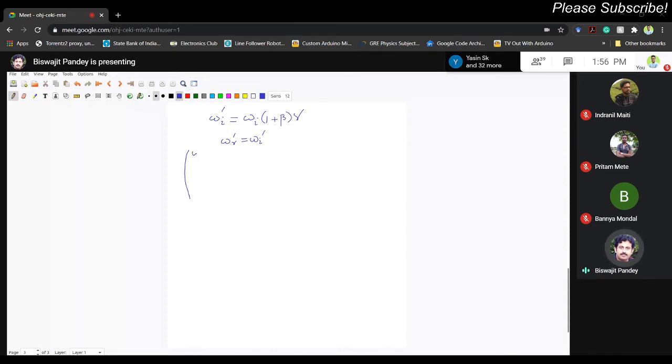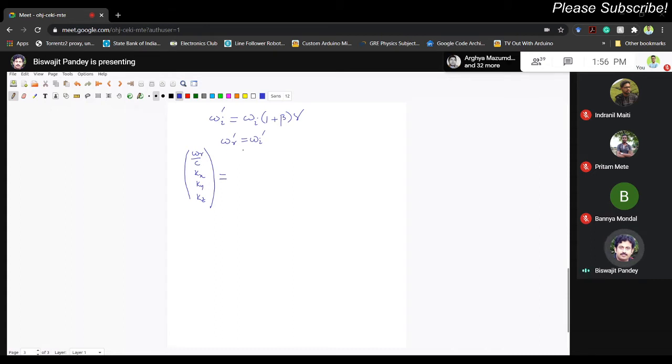So if I write omega r by c, that is the time component, and for the reflected wave vector, kx, ky, and kz are the spatial components of the 4-wave vector. Then you see you are making an inverse transformation. You know the quantity in the prime frame, that is the moving frame. You want to calculate the quantity in the lab frame, which is at rest.